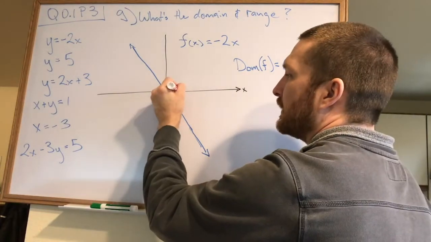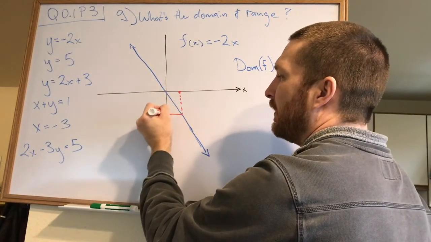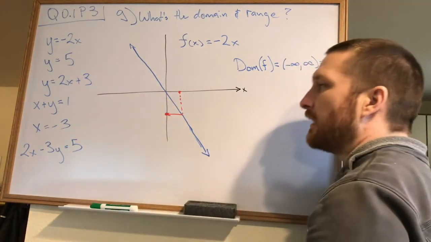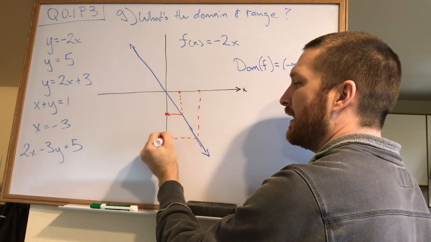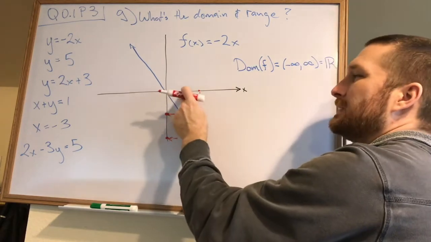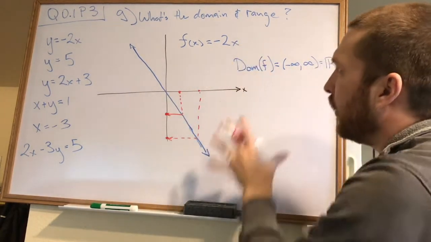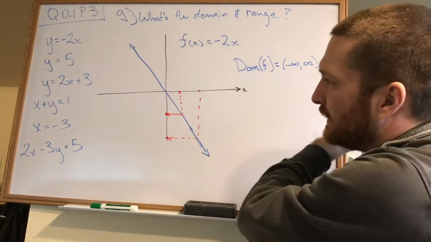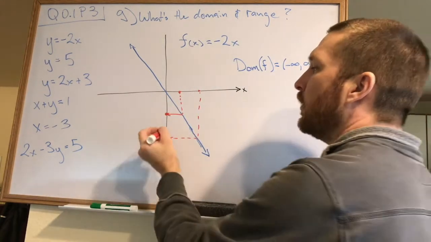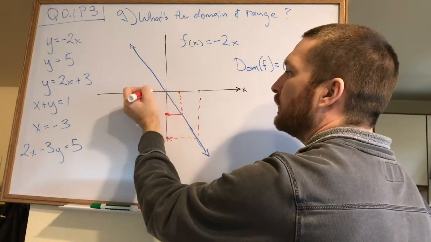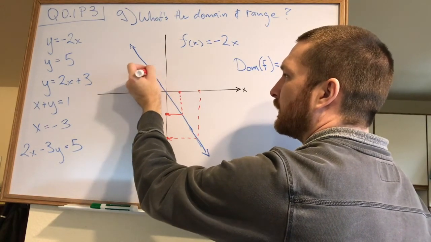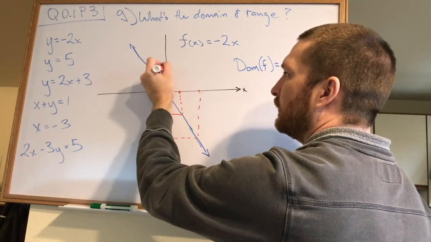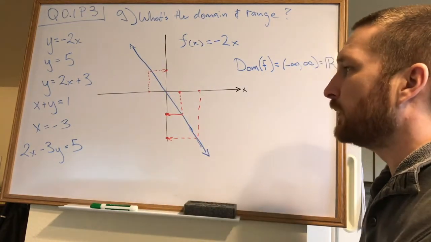When I plug in this number here, that number is my output. That number gets hit. Plug in this one, and my output is that number right there. And since we're taking the entire real number line, we are going to get every real number out, right? Take over here, plug that in. Every real number is going to be an output.